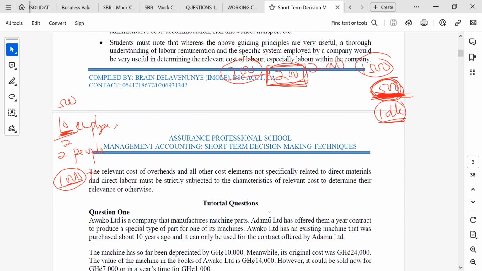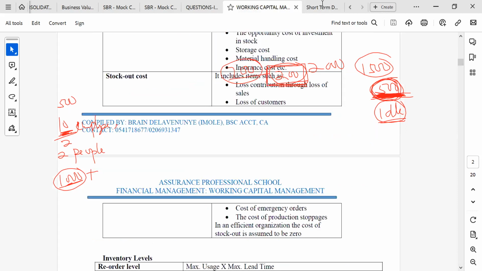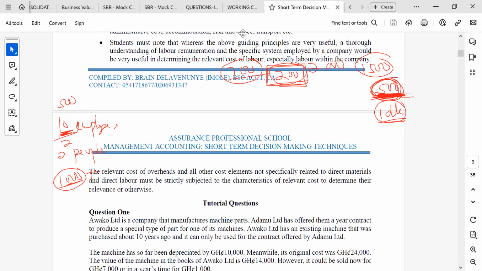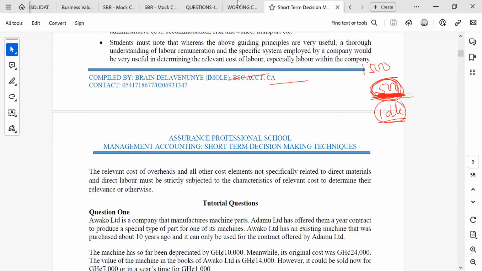Okay, the relevant cost of overheads and other cost elements not specifically related to direct material and direct labor must be strictly subjected to the characteristics of relevant cost to determine their relevance or otherwise.